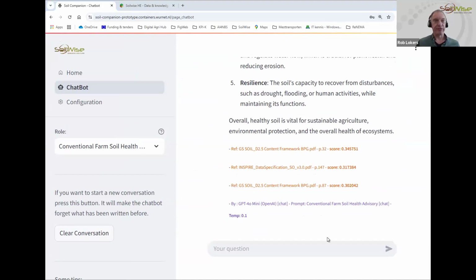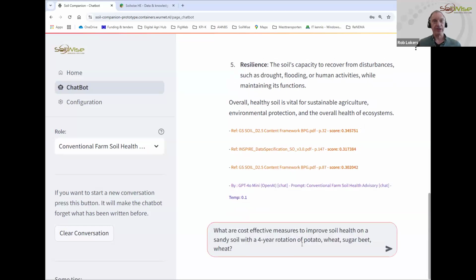For instance, if I'm interested in cost-effective measures to improve soil health on a sandy soil with a four-year rotation of potato, wheat, sugar beet, and wheat. Can you give me some measures that are somehow cost-effective?